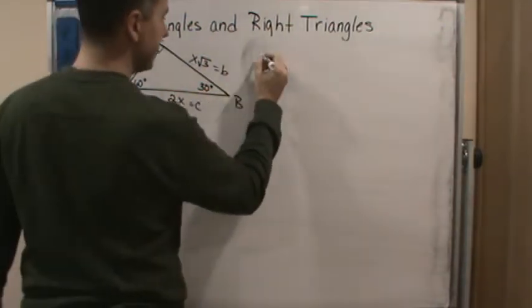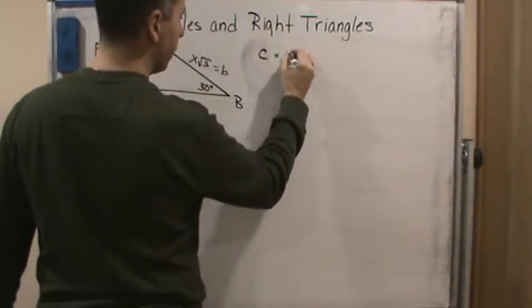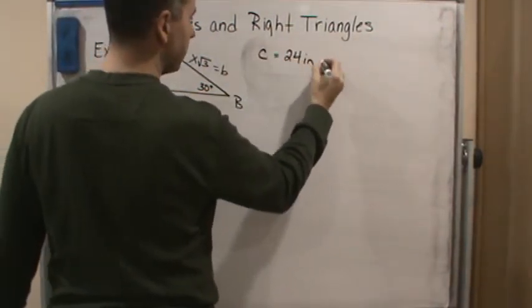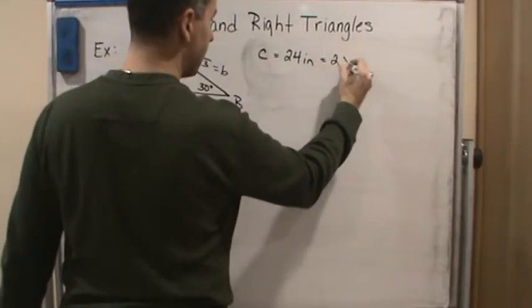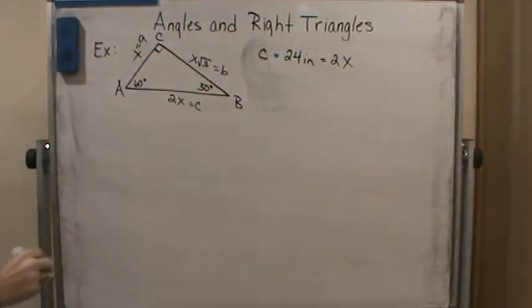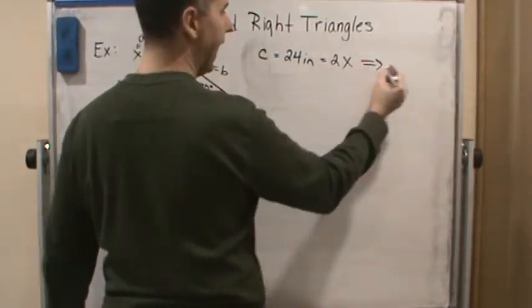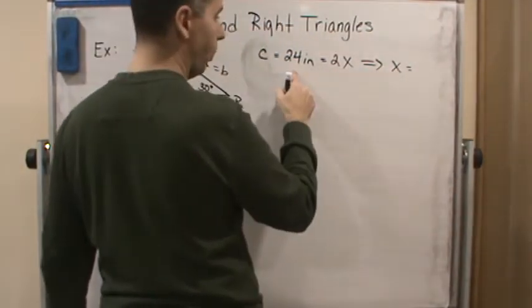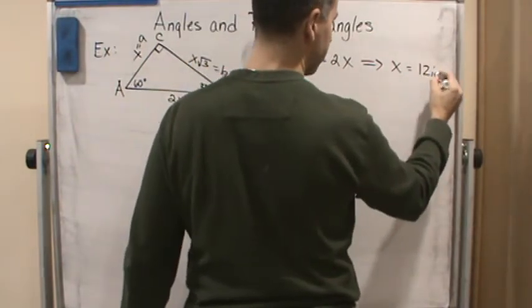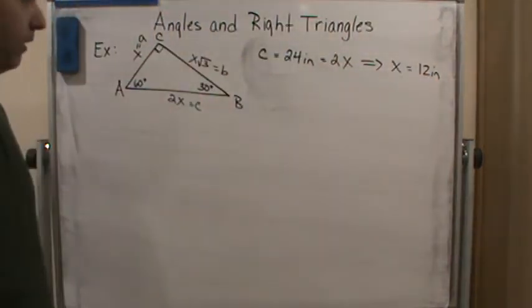C, which we're being told is 24 inches, is equal to 2 times X. What does that tell me? Well, that tells me that X has to equal 12 inches. And now I'm done because I can figure out everything else.